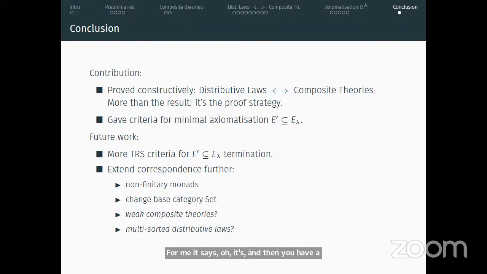How much does this relate to the notion of distributive law, with this commutation between the function symbols? I'm not sure to see what you are talking about.